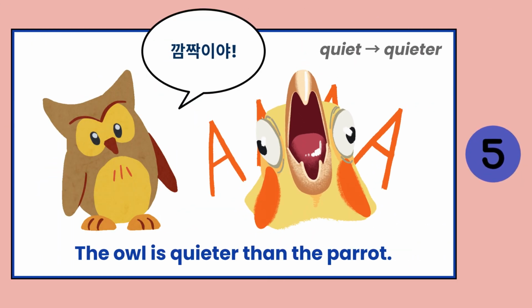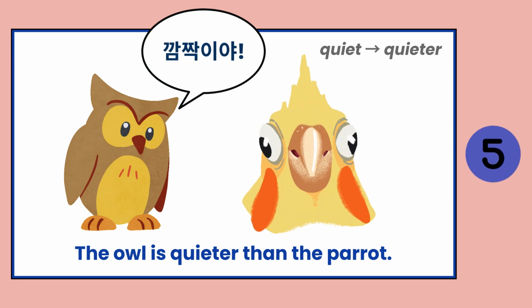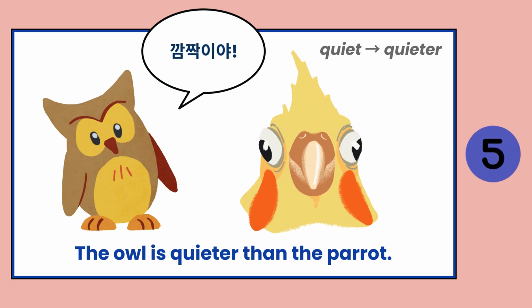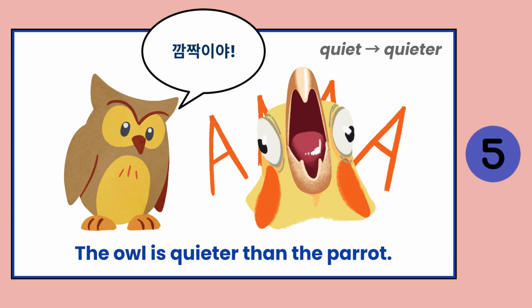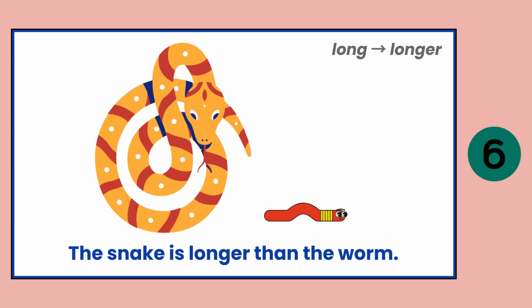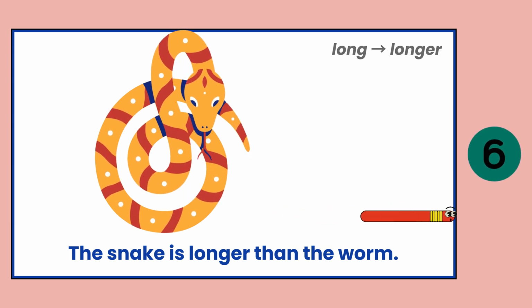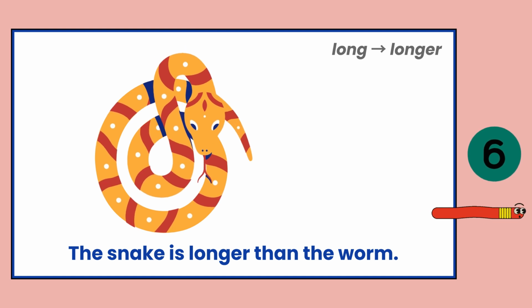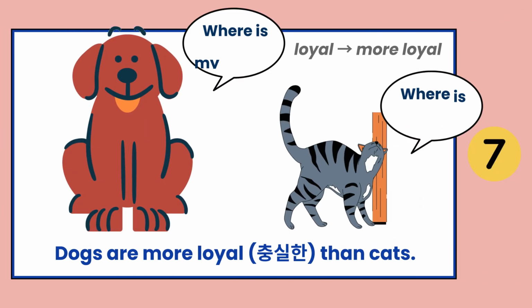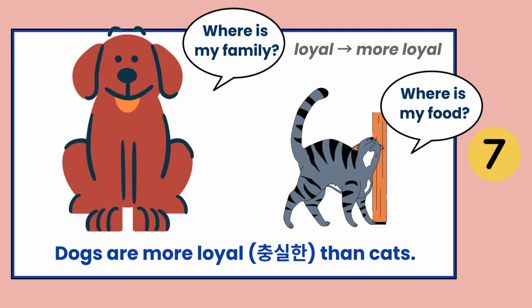The owl is quieter than the parrot. The snake is longer than the worm. Dogs are more loyal than cats.